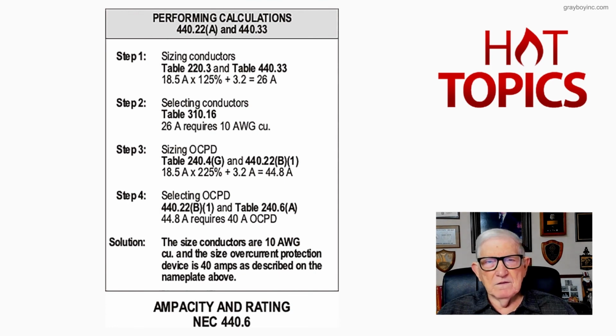So just remember that 240.4D as in dog does not apply here, because you have to size the overcurrent device larger than the 125% rule in step 1 to allow that AC unit to operate under high head pressures and other operational conditions during the summer. So that's what this figure is illustrating to the user of the NEC.